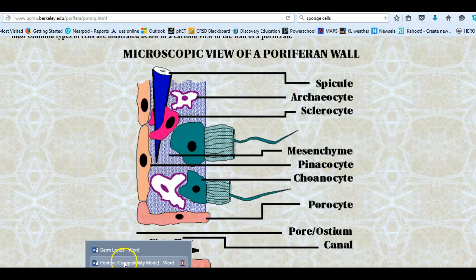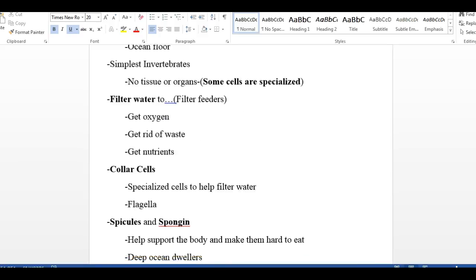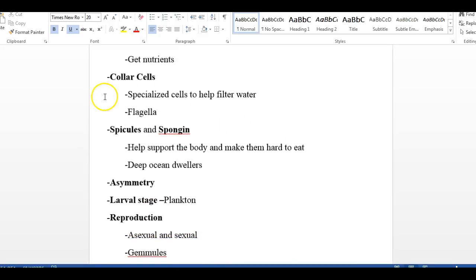So if we go back to our notes, okay, and so collar cells, so we'll get rid of these annotations. And we'll go down. Okay, and these are probably the most important cells in the sponge, because they produce the movement of water that allows it to bring nutrients in and bring oxygen in. Okay, and those are those special cells we saw there.